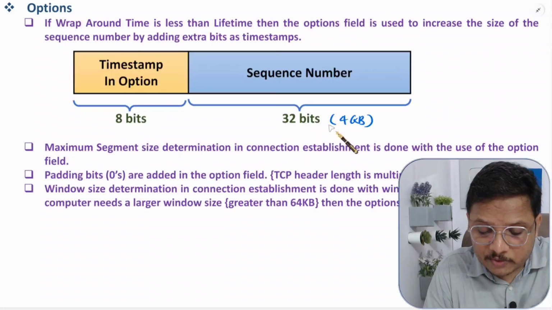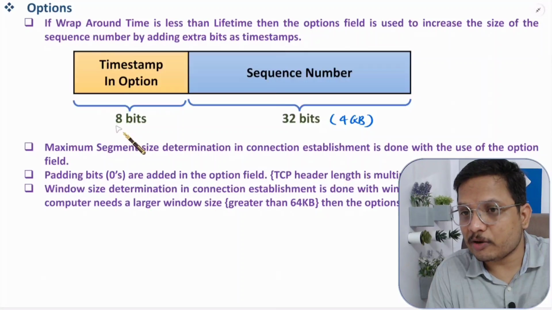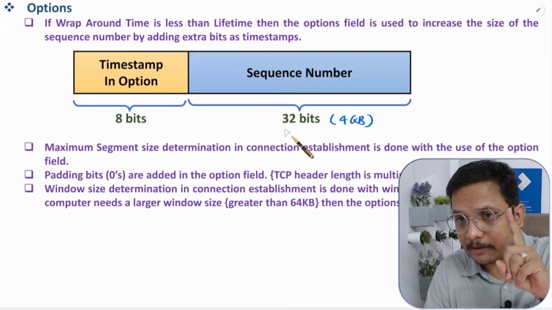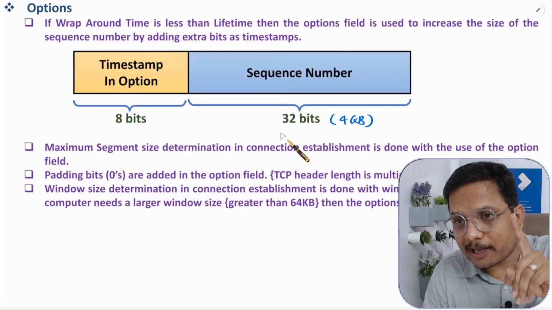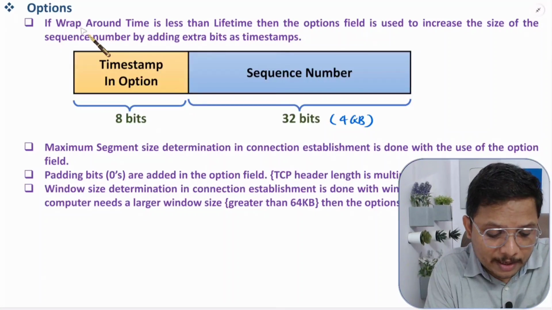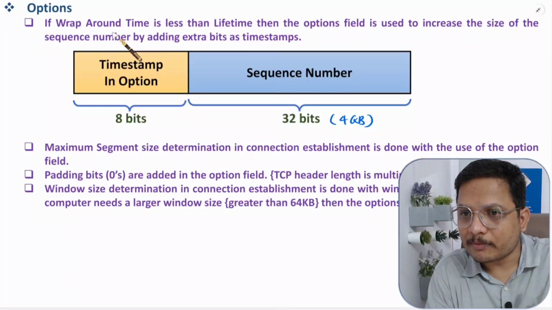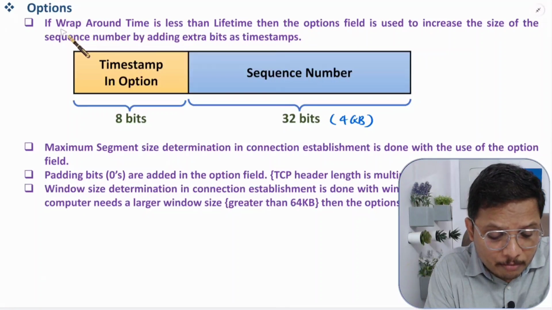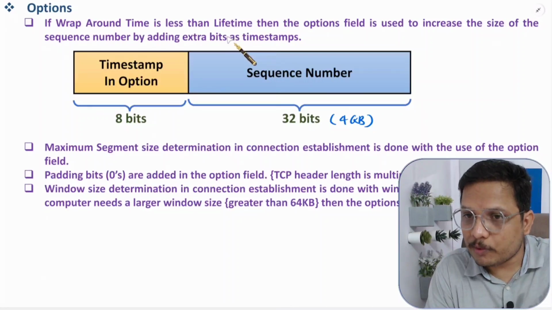See, with 32 bits, we can have 4 GB. If I additionally add 8 bits, then 32 plus 8 makes 40 bits. With 40 bits, we can have 1 terabyte. For 1 terabyte, obviously the wraparound time will be higher. So we need to increase the wraparound time, and it should always be more than the lifetime.